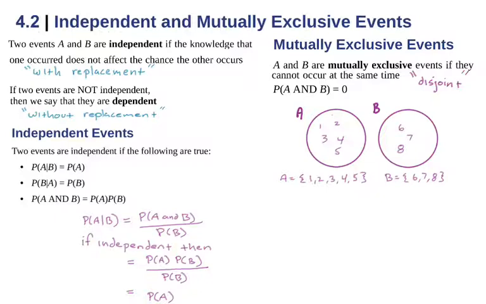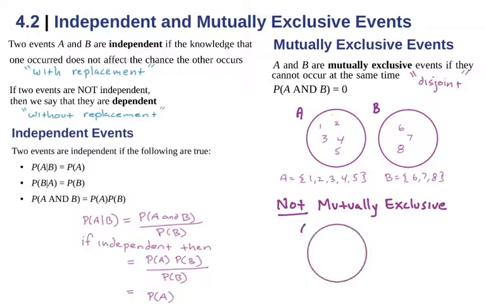We'll take a later look at some Venn diagrams in later sections, but just a quick visual here. Let's also look at the case for not mutually exclusive. And so not mutually exclusive, there's going to be an overlap here. So let's create an event A, which is the integers 1 through 5. And then B is going to be even numbers, 2, 4, 6, and 8.